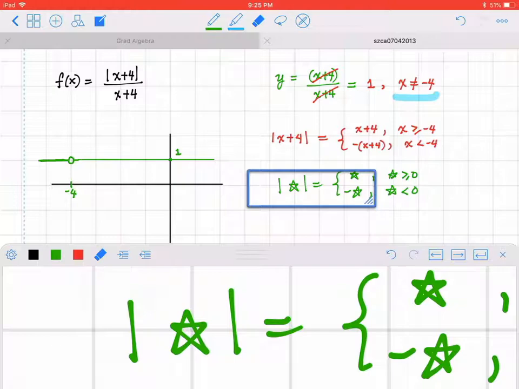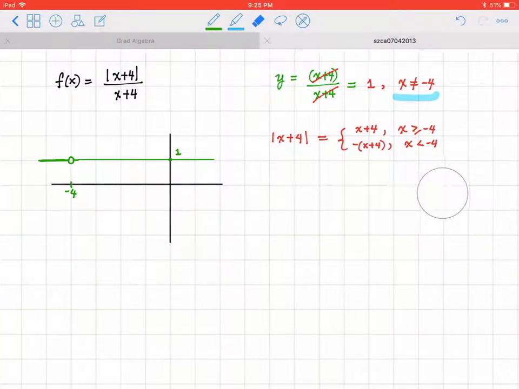So that's what's happening here. I'm just rewriting it as this piecewise function. Now what happens when we take this function and divide by x plus 4? So let me give myself some space here.